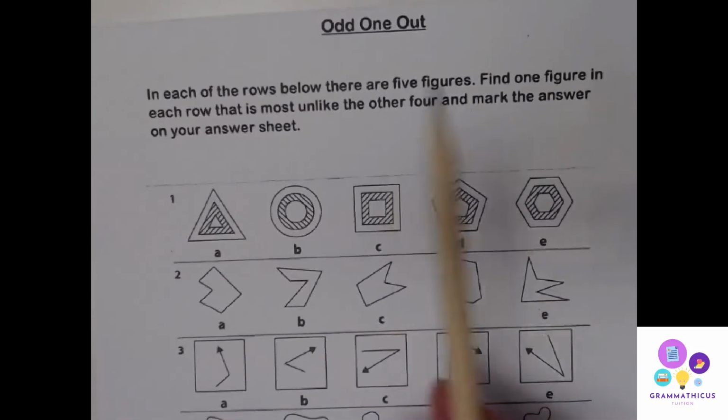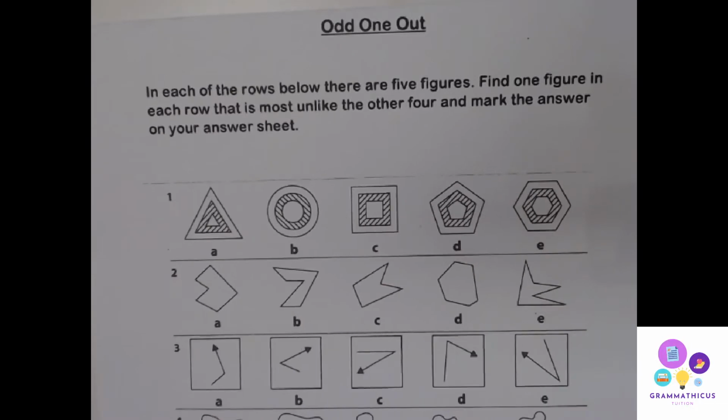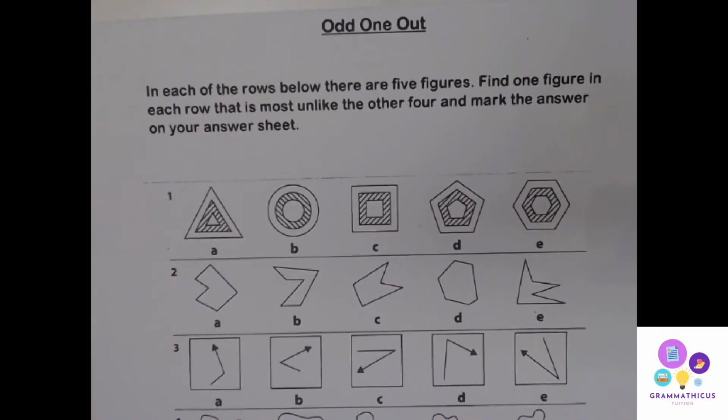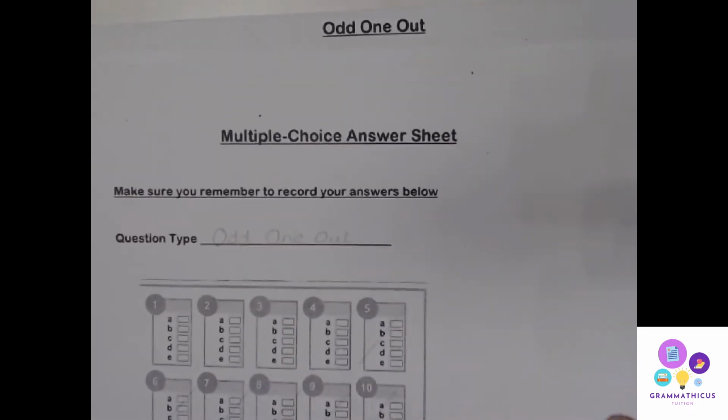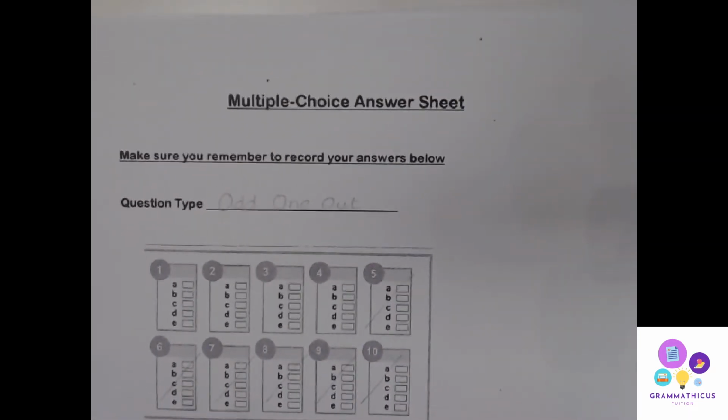Now it says also that we need to mark our answer on your answer sheet. Now you will find, along with the tutorials and along with the worksheets, there is a multiple choice answer sheet that looks a little bit like this. This is what we call a generic multiple choice answer sheet, so it can be used for all the question types that we're going to look at.